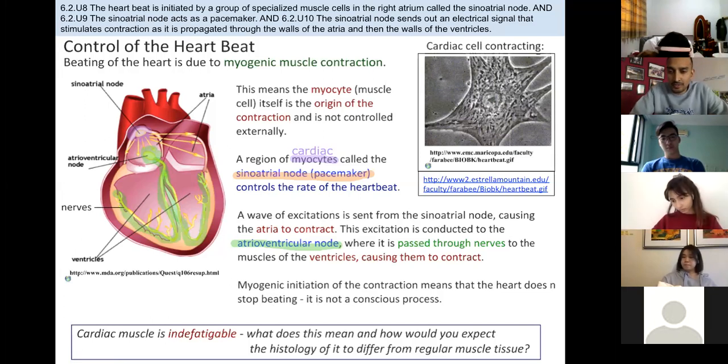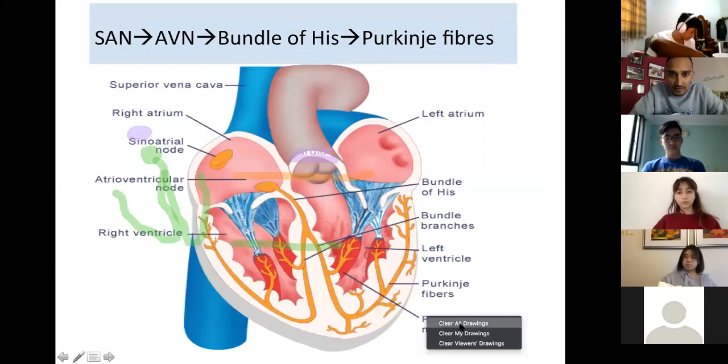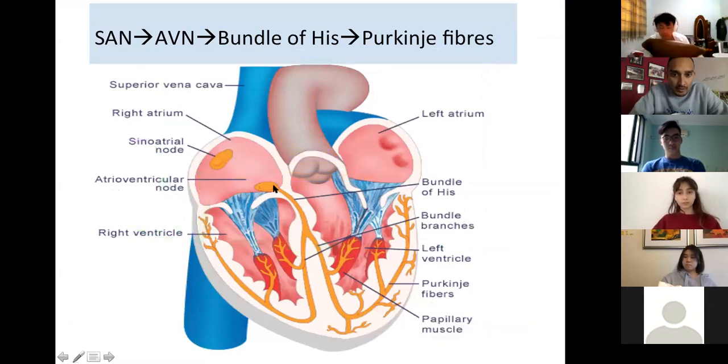I think I'm gonna jump to the next slide because it's a bigger image. Okay, so I'm going to skip here and I'll redraw this. AV node here, connected to all of these.